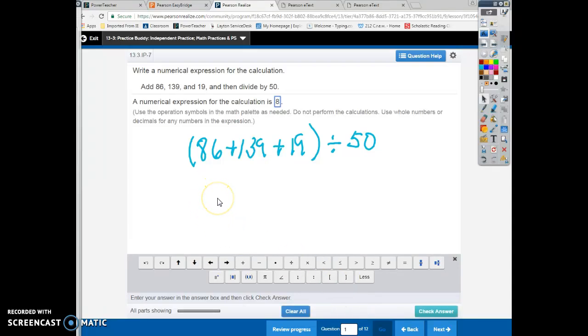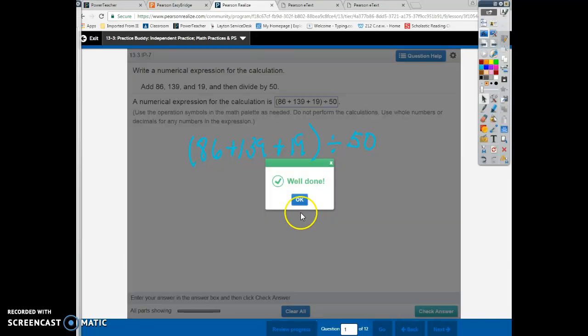We want to use parentheses, so I would use parentheses right off my keyboard here. 86 plus 139 plus 19, close my parenthesis, and then use that division symbol right there, divide the sum by 50. Notice there is not going to be an answer. We're just writing expressions. Well done.